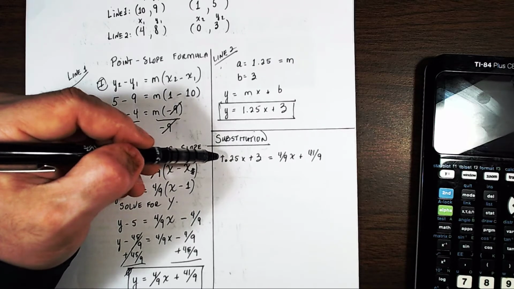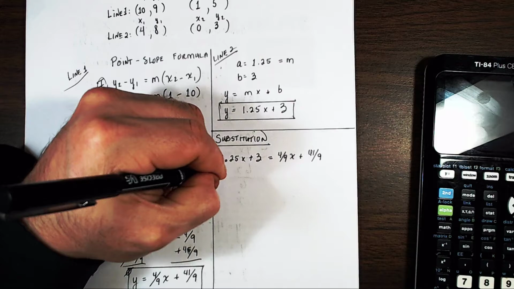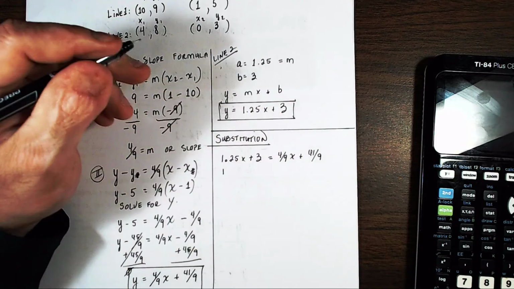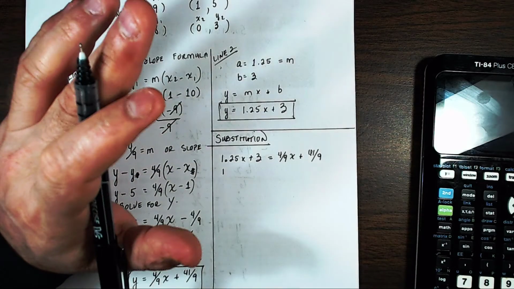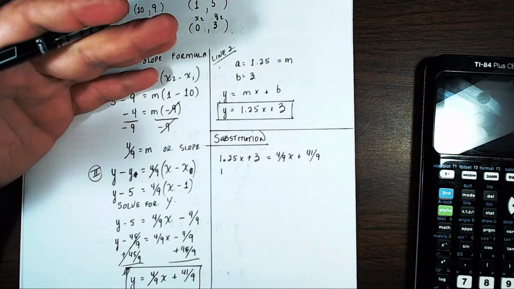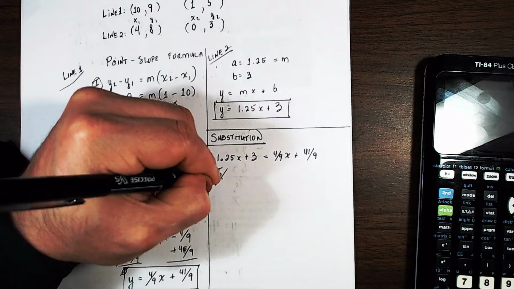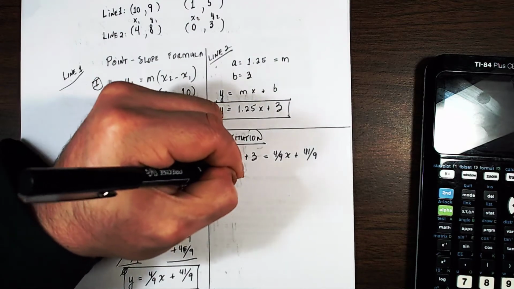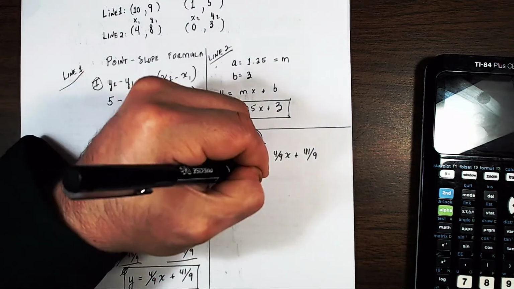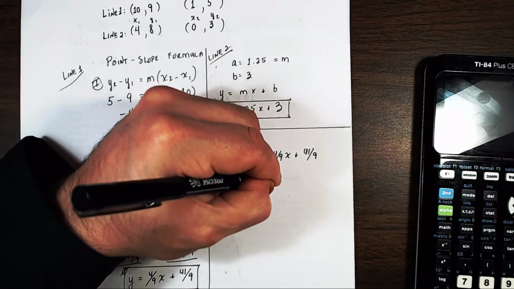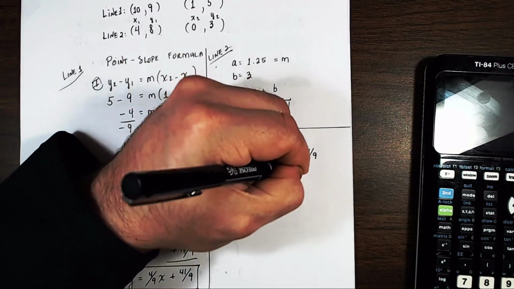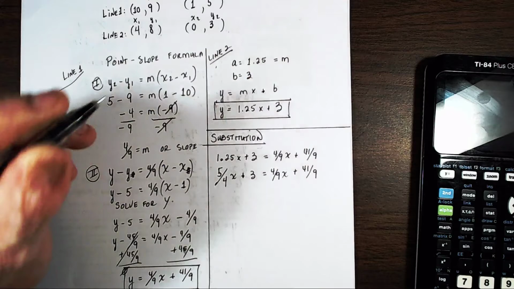Okay, so I'm going to rewrite this, but I can't write it as 1 1/4. I need to write it as an improper fraction. So 1.25 can be written as an improper fraction of 5/4 x plus 3 equals 4/9 x plus 41 over 9.